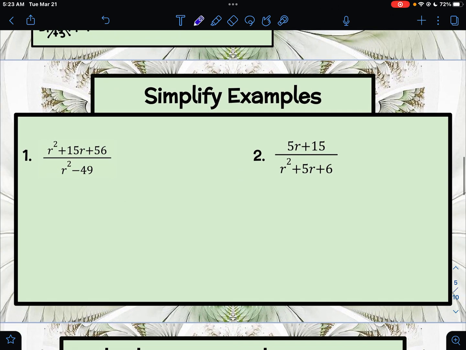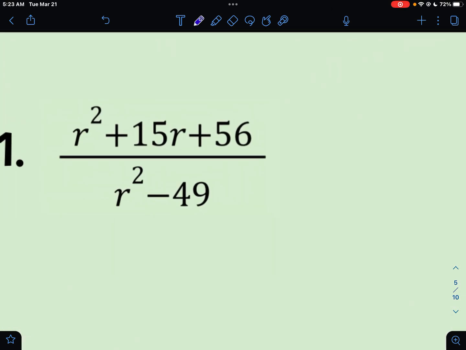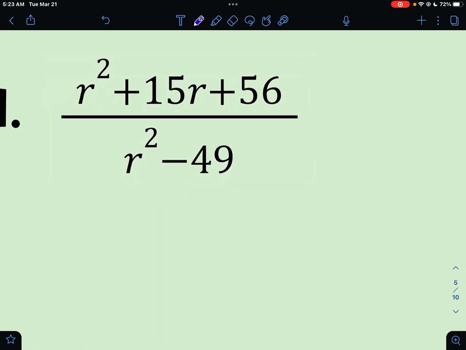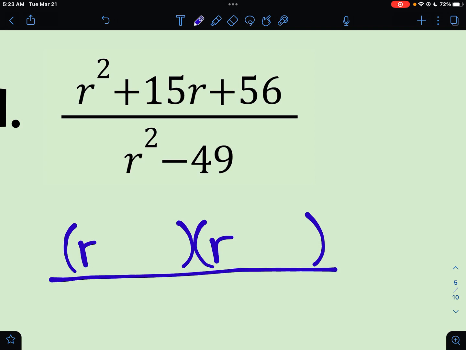Okay, so here's some examples for simplifying. I need to simplify the top, simplify the bottom. The top looks like I could do this and reason through it, or I could use the snowflake. Either way, it looks here like I am looking for factors of 15 that multiply to 56. No, sorry.